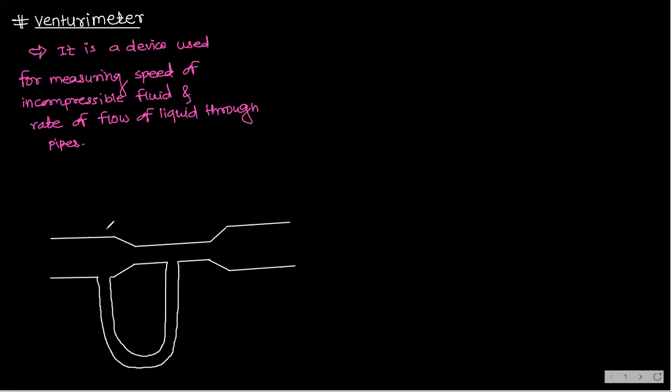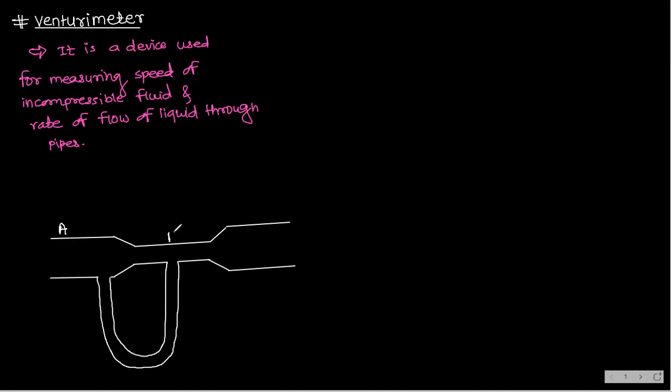Now you see here, this is tube A, this one is B, and this one is C. Okay, and this is U-shaped tube. Now through this liquid is flowing.